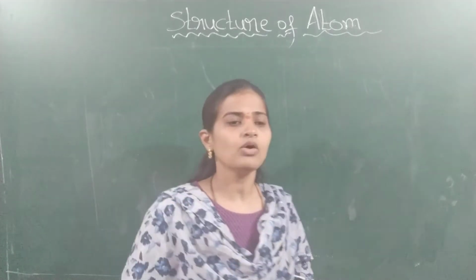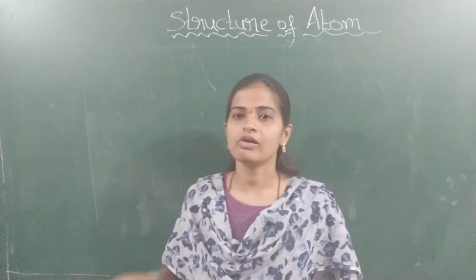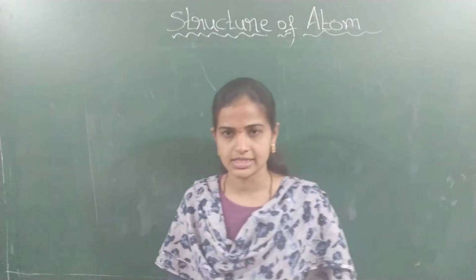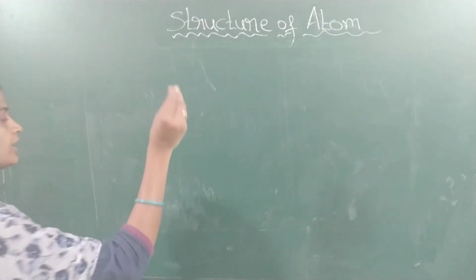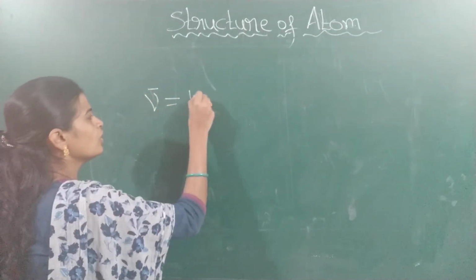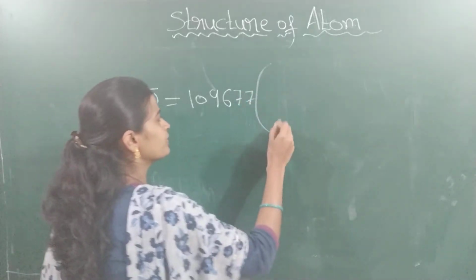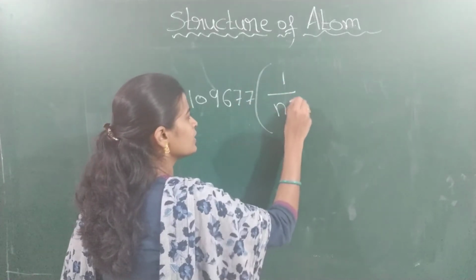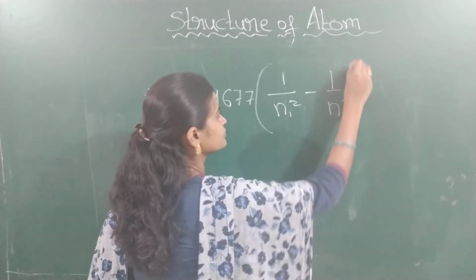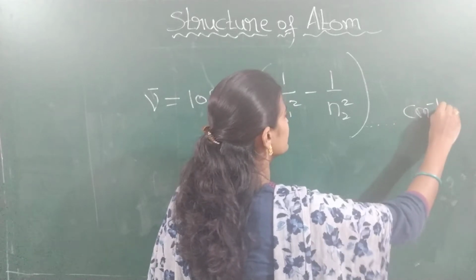But later on, scientist Rydberg gave a generalized formula to calculate the wave number of the spectral series. Then what was the formula? That is mu bar is equal to 109,677 into bracket 1 by n1 square minus 1 by n2 square. This is expressed in terms of per centimeter.